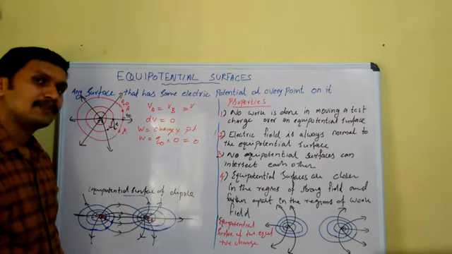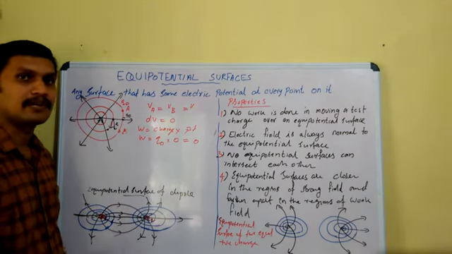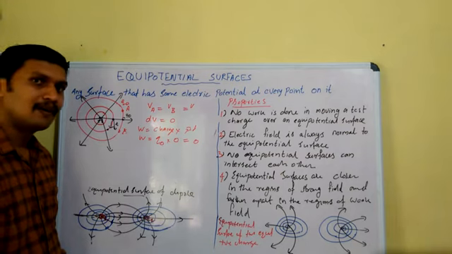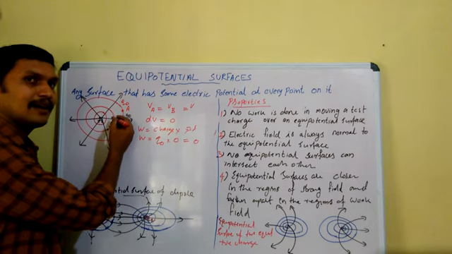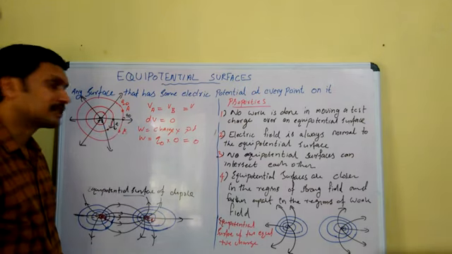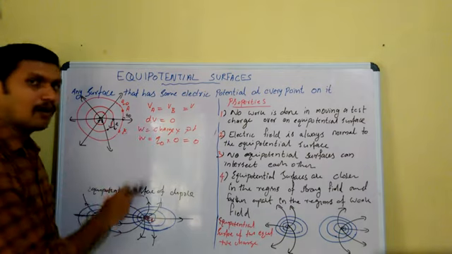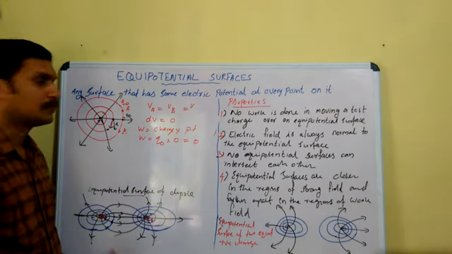But for an equipotential surface, no work is required. So the electric field never has a component along the surface. That is why the electric field must always be perpendicular to the equipotential surface.